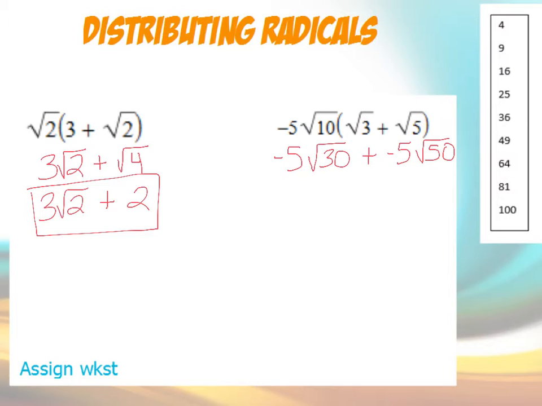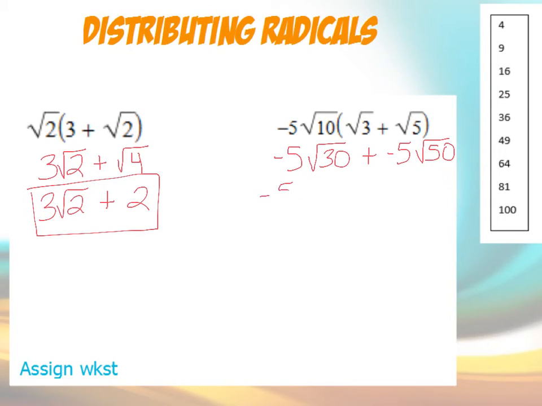After you do the distributing, that's when you look to do any sort of simplifying. And when I look at 30 and I go through my list of perfect squares, none of those go into 30, so I can't really reduce the square root of 30. Let's look at our square root of 50. Right here, 25 will go into 50.